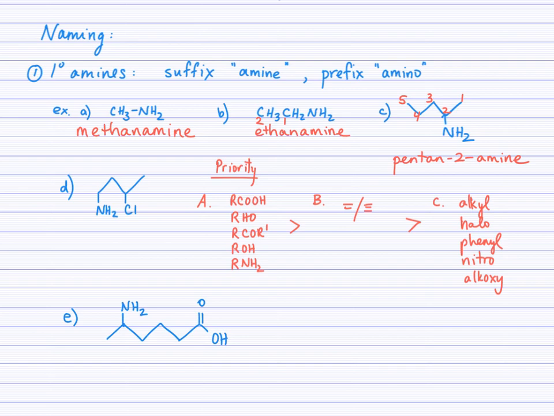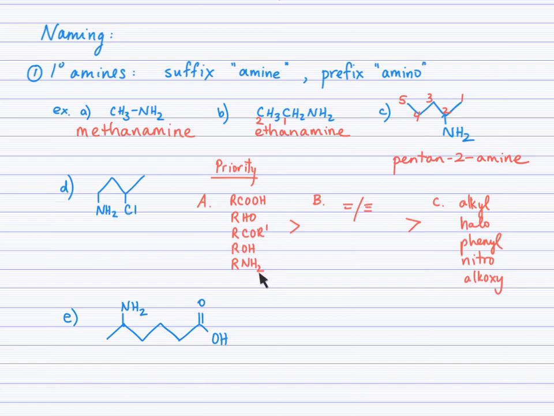Now to do example D here, you'll notice that I've put 2 functional groups, the amino functional group and the chloro, the halogen. And so it matters, we need to revisit priority. So just to finish here, we see with priority, we see the carboxylic acids up top, then aldehydes, ketones, alcohols, and now the amines.